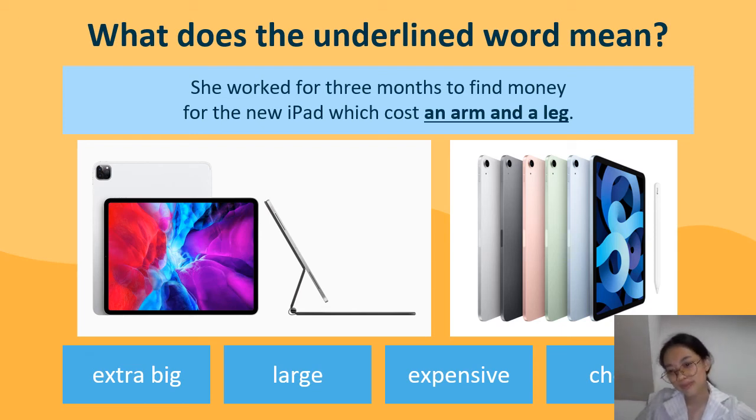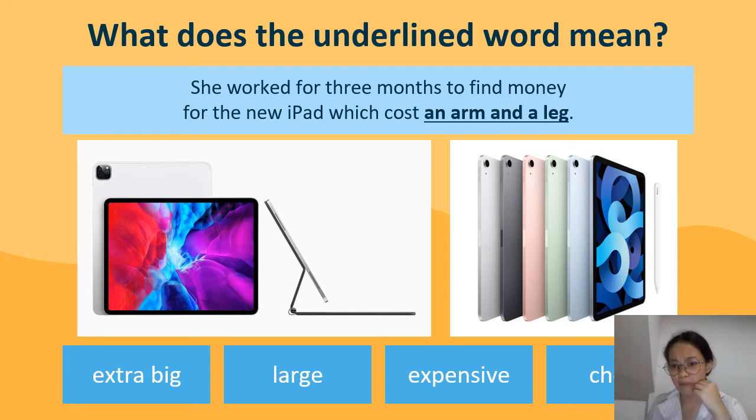Let's pause. She worked for months to find money for a new iPad, which costs. Do you know this word cost? Which costs, so this costs $5. When we use the word cost, we talk about money. How does it cost? Like, how much is it?